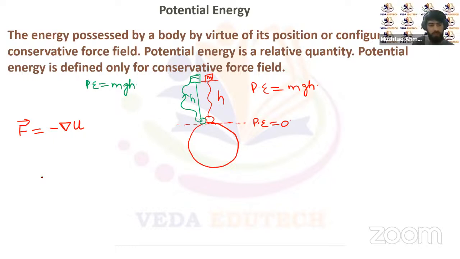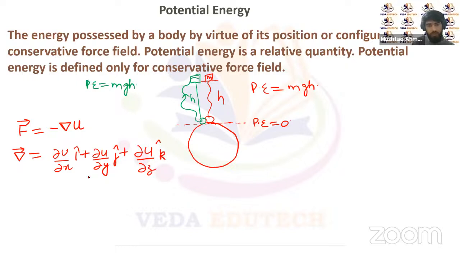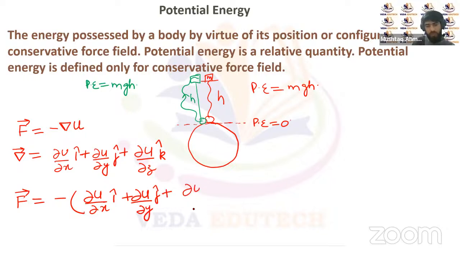The value of grad U is del U upon del x i cap plus del U upon del y j cap plus del U upon del z k cap. Or we can write the conservative force as minus times del U upon del x i cap plus del U upon del y j cap plus del U upon del z k cap.